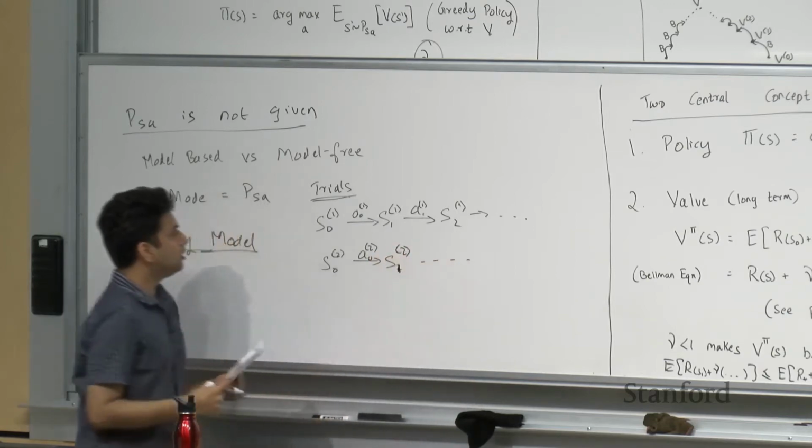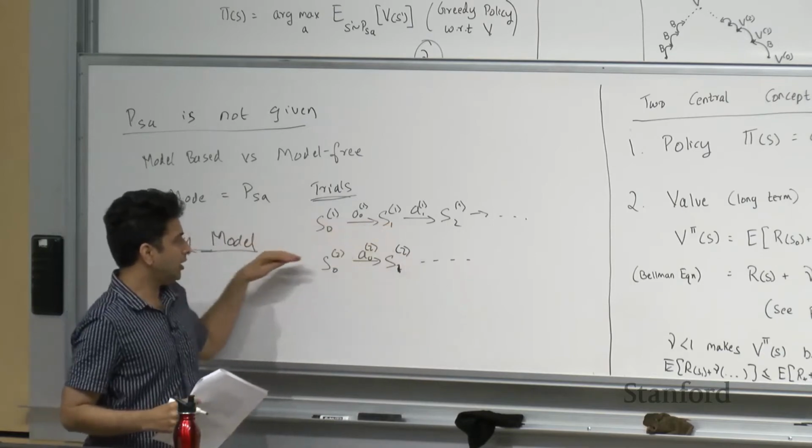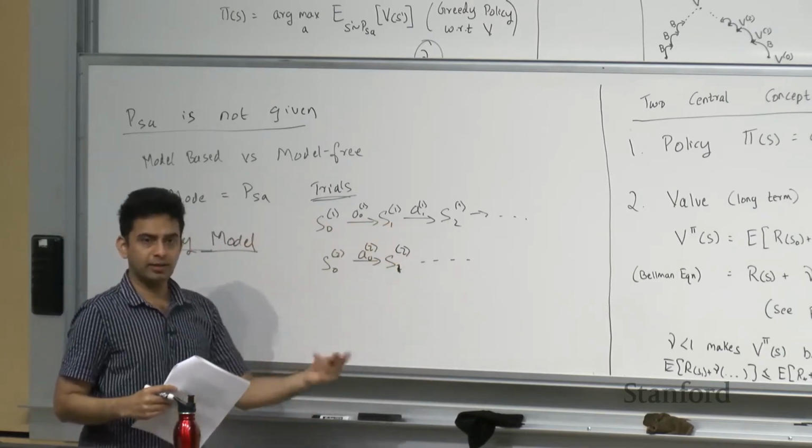And so on, right? So each horizontal line corresponds to one trial, right?